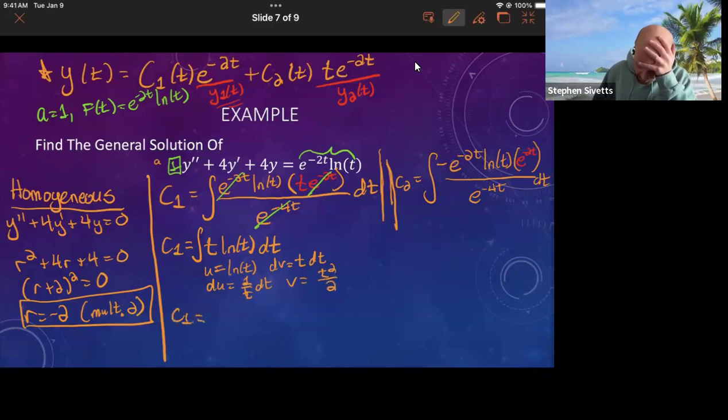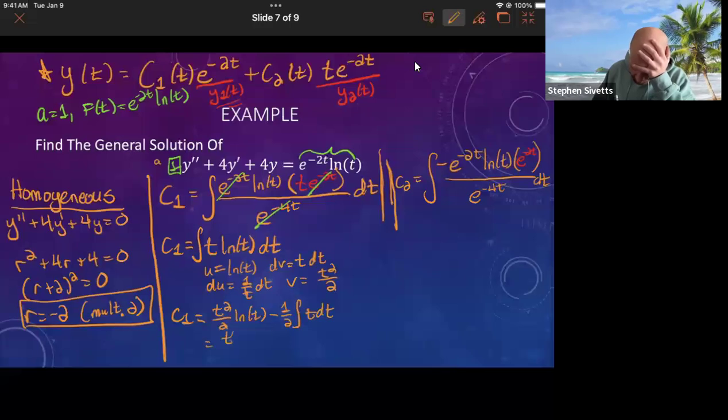And so C1 is equal to t squared over 2 ln of t minus 1/2 times t dt. And so this would equal t squared over 2 ln of t minus t squared over 2 plus a constant, delta 1, let's say.